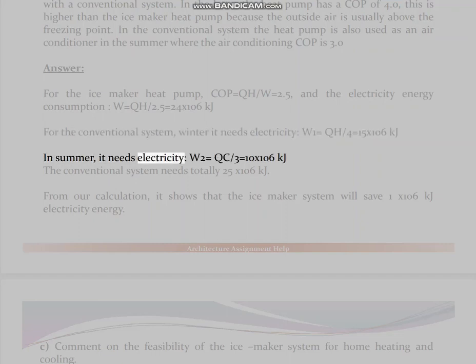In summer, it needs electricity W2 equals QC/3 equals 10 x 10^6 kJ. The conventional system needs a total of 25 x 10^6 kJ. From our calculation, the ice maker system will save 1 x 10^6 kJ of electrical energy.